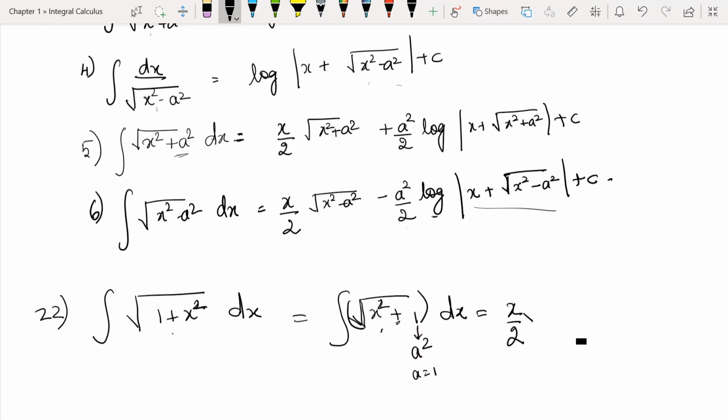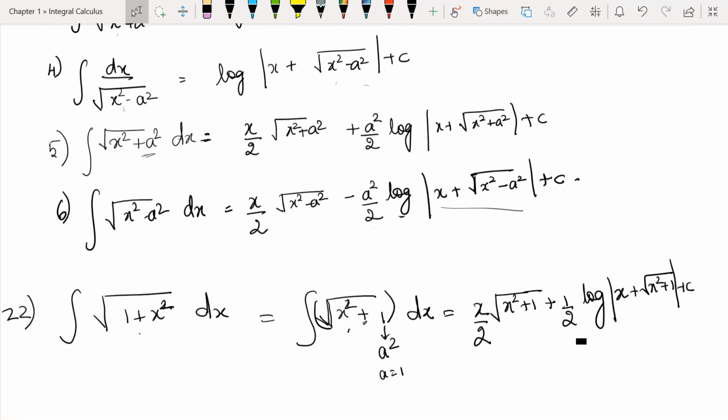X by 2 root of x square plus 1 plus a square by 2. I don't have space here, so I'm just going to write these terms close to one another. Plus 1 by 2, a square is 1, so 1 by 2 log of x plus root of x square plus a square plus c.